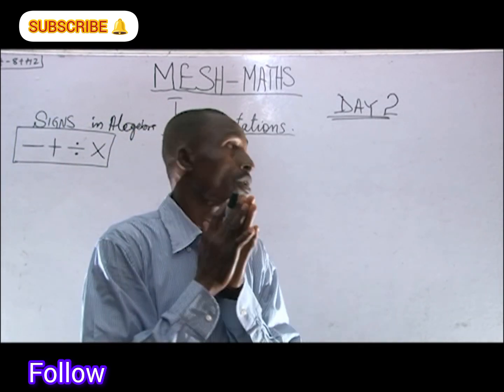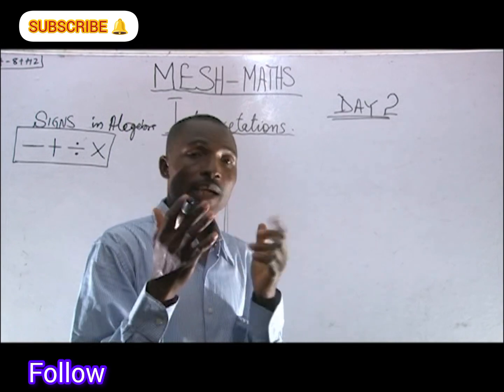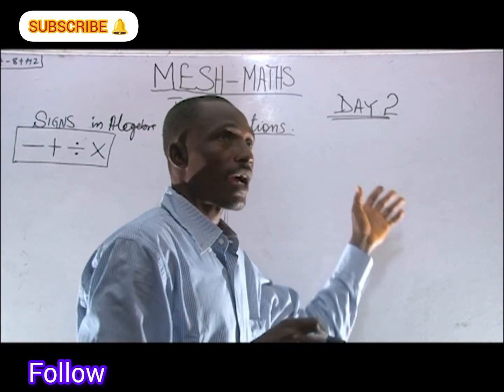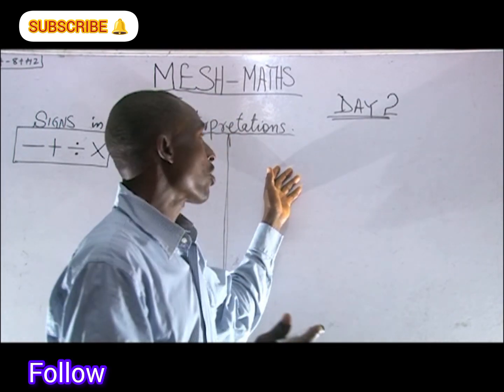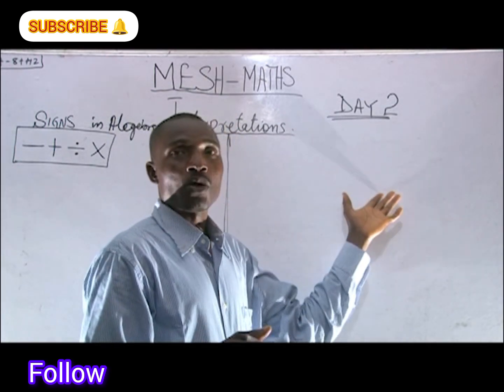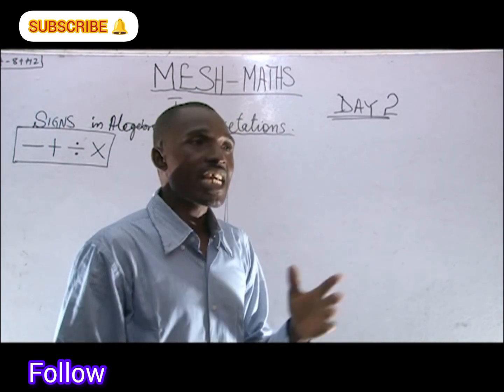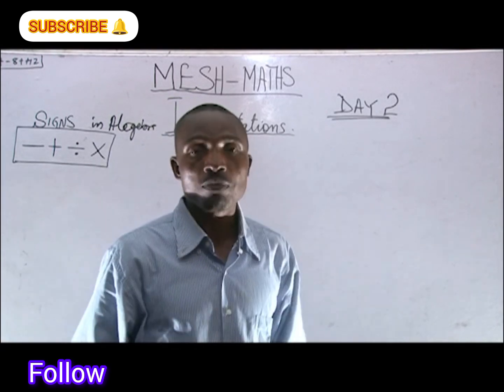Okay, I want to give you an upgrade of what we had before now. When we're talking about this minus 3 plus 5, most of the time I've been saying, okay, money, owing 5 naira, owing 8 naira. But I want to tell you, it's not only money you owe somebody. It's not only money you borrow from somebody.